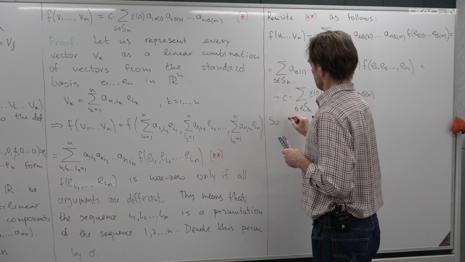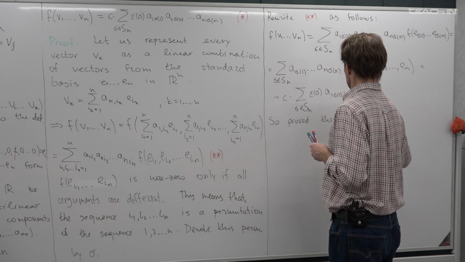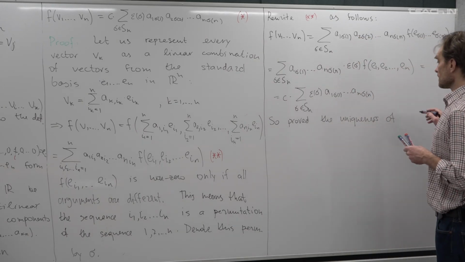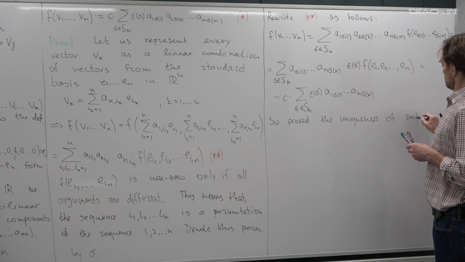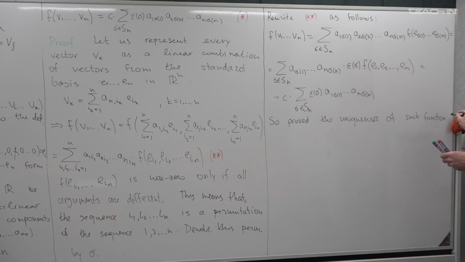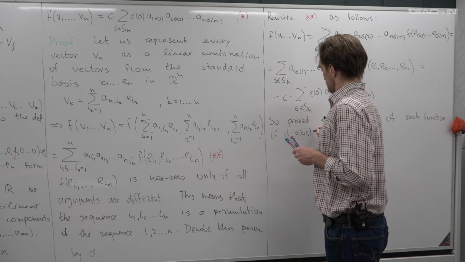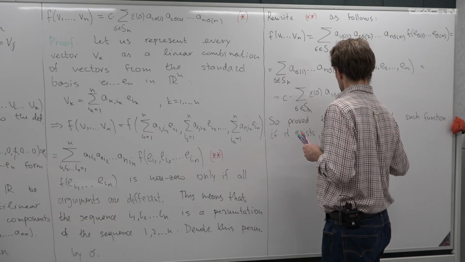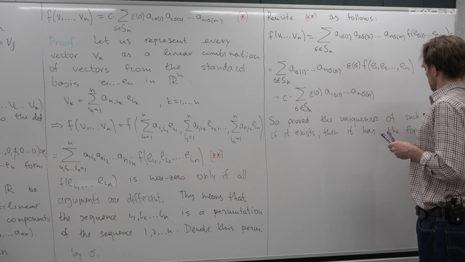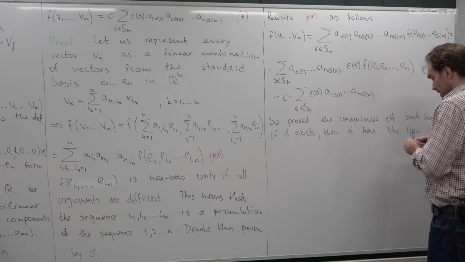So we proved the uniqueness of such a function: if it exists, then it has the form that is specified in the theorem.